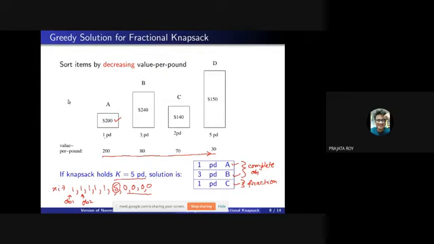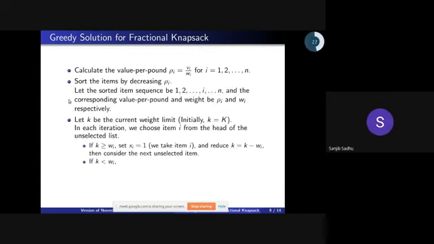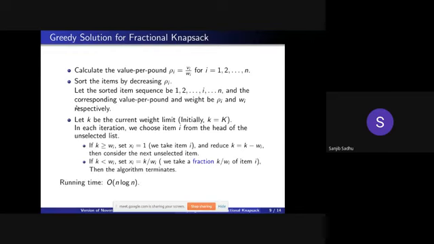So this is the algorithm, and the time complexity is determined mainly by the sorting step, n log n. Otherwise, the steps are linear.